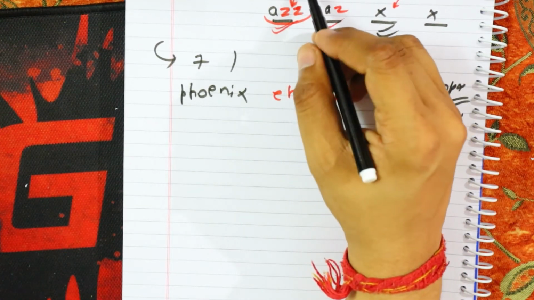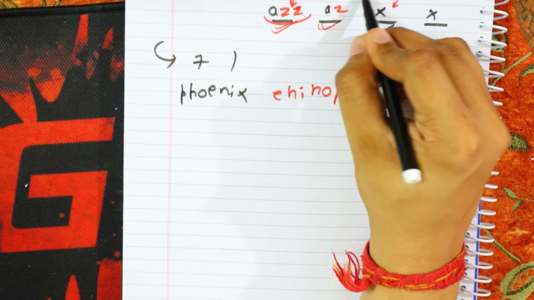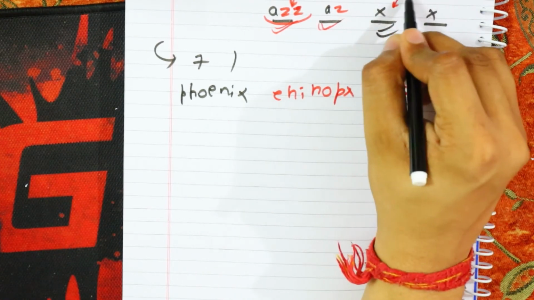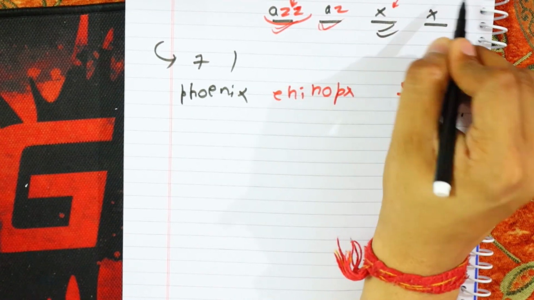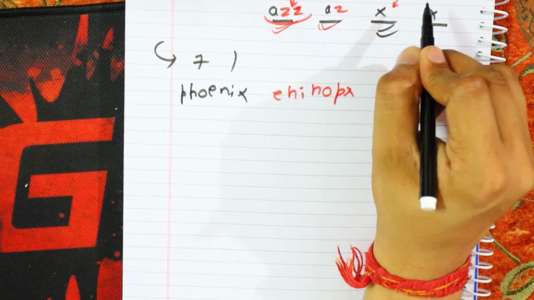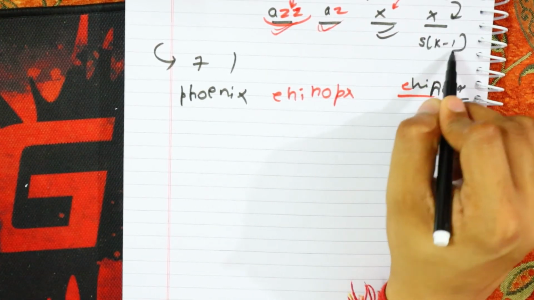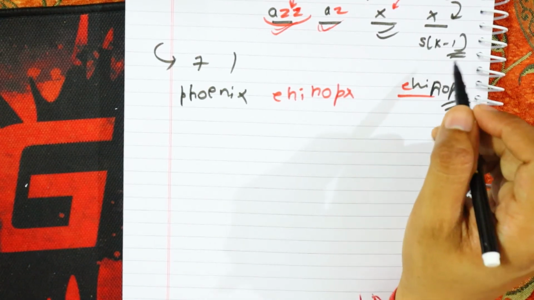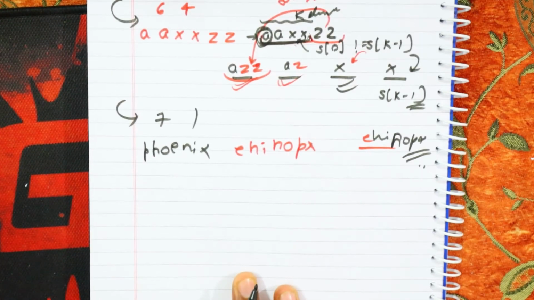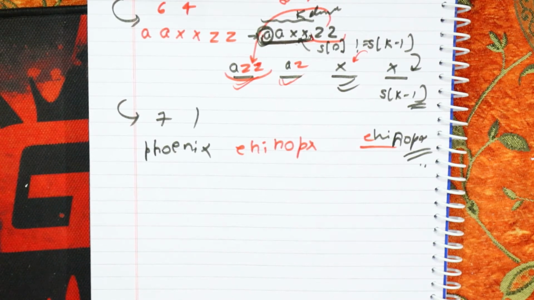I will compare S0 with S of k minus 1, and if it is not the same, then I will print my S of k minus 1th element, and it will be the answer basically. But it is one case.